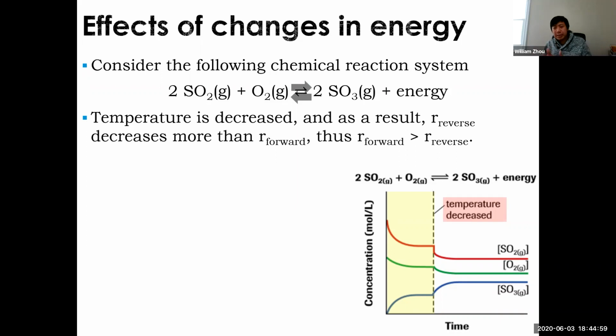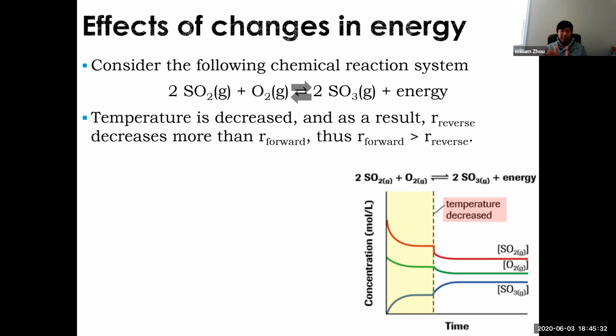If you decrease the temperature, you will decrease the rate of reaction, right? We've learned that before. However, the forward and the reverse will decrease at different rates. The reverse reaction will decrease more than the forward reaction. So as a result, the forward reaction after you slow them down will be faster than the reverse reaction now.